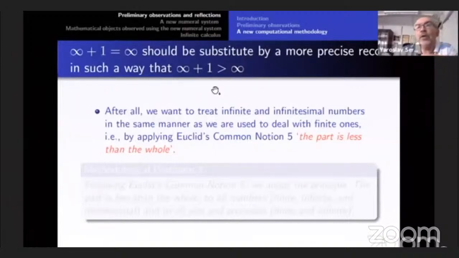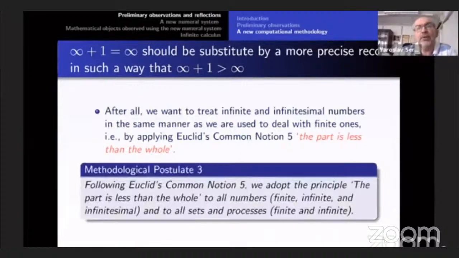By the way, Euclid, in his common notion 5, formulated that the part is less than the whole, and we will use this principle in all our counting, and we adopt it for working with all numbers, finite, infinite, and infinitesimal, and with all processes, finite and infinite.